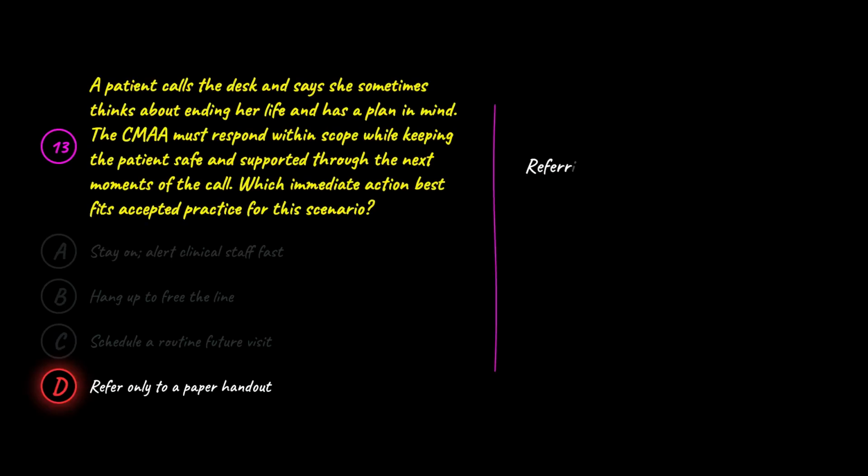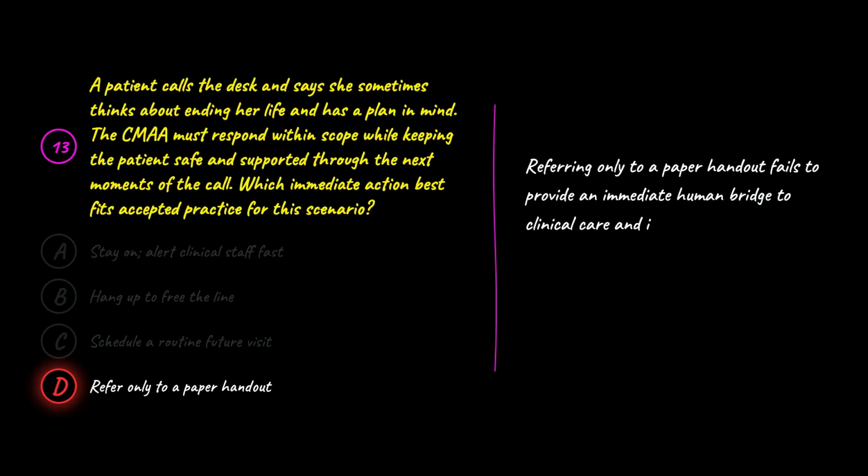D is wrong because referring only to a paper handout fails to provide an immediate human bridge to clinical care and ignores the safety protocol that puts staying with the patient and rapid escalation at the center.